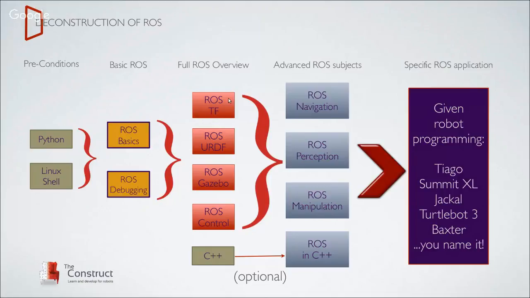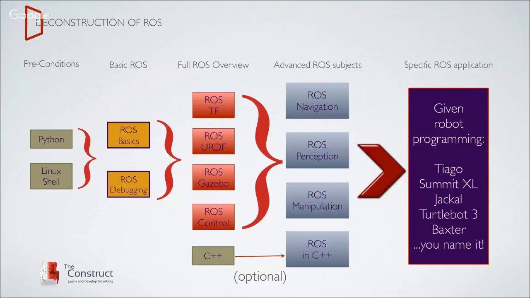But don't attack this before you know the yellow part, the basic ROS. Those subjects are TF, how the TF works, how to build the URDF of a robot, how to build the simulation of the robot, and how to control a robot. Then at that point, you are equipped with the full ROS core.